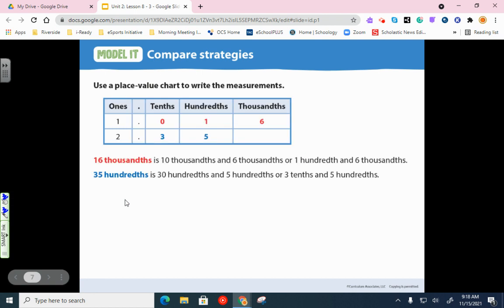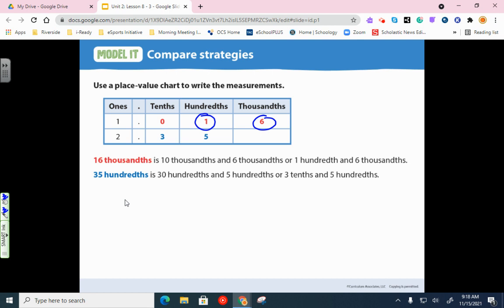Moving down, the place value chart. Again, you'll probably find it to be the easiest. That's why I push that for us. We use a place value chart to write these measurements like we did on the first page. Notice it mentions that 16 thousandths is 10 thousandths and 6 thousandths, or 1 hundredth and 6 thousandths.